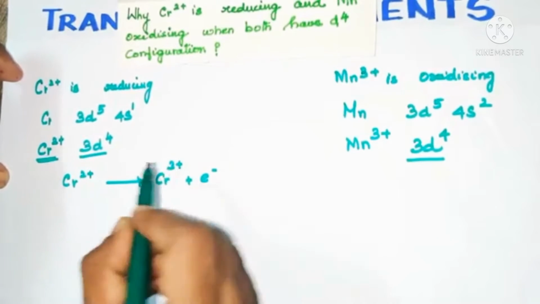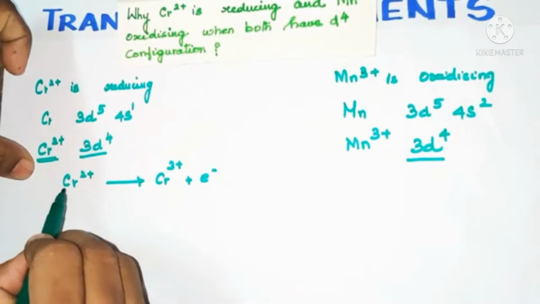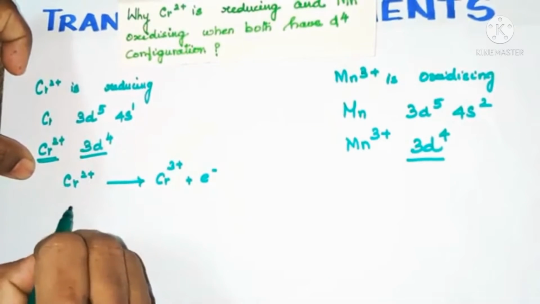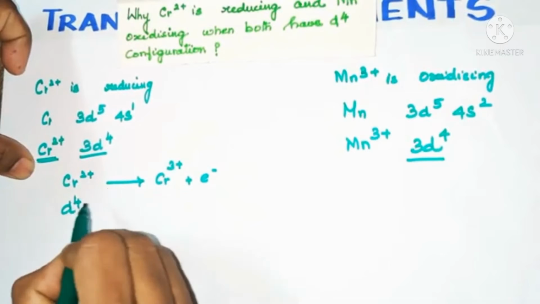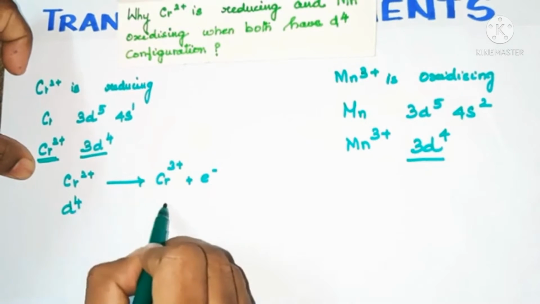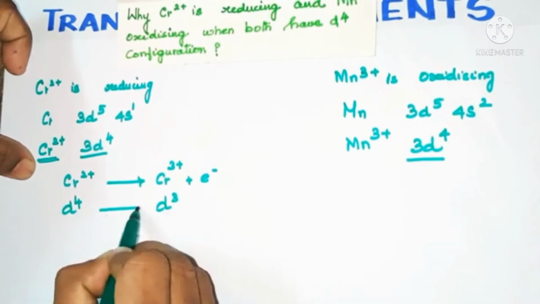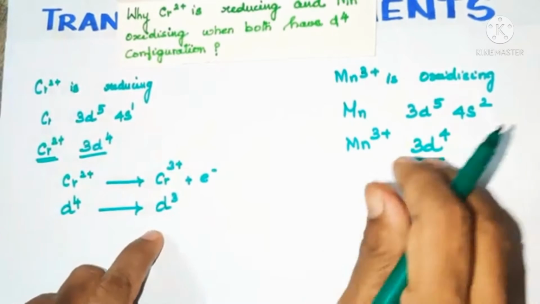The chromium 2 plus ion configuration is d4. So chromium 3 plus is a d3 configuration.